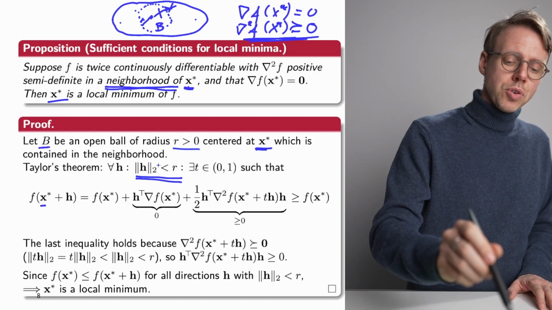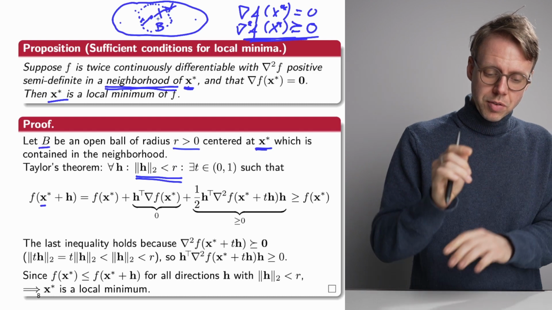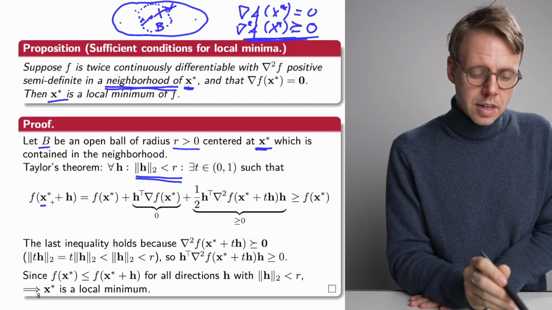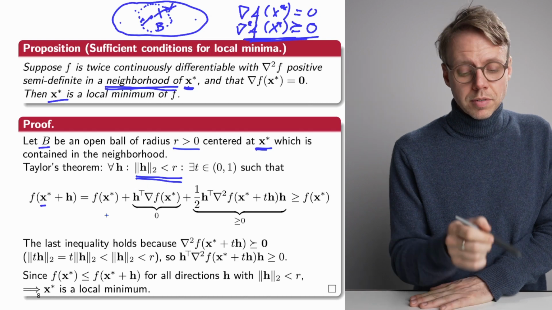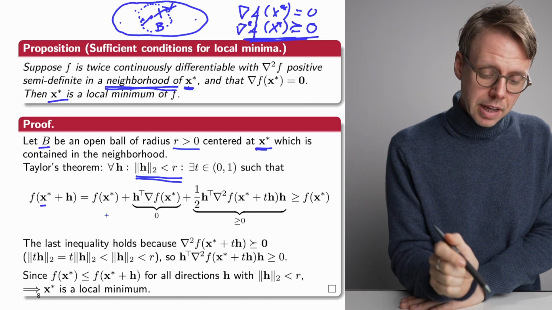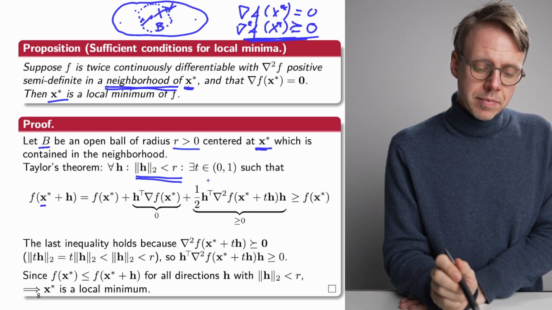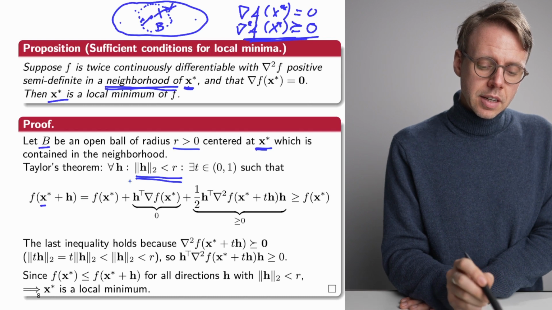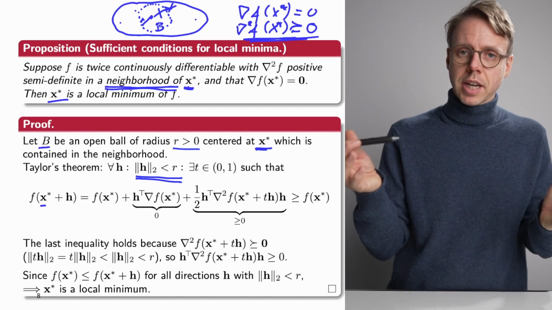So as long as we don't go more than r away from x star, or because it's an open ball, as long as we go less than r away from x star, we know that the Hessian needs to be positive semi-definite because we're still in the ball which is contained in our neighborhood.